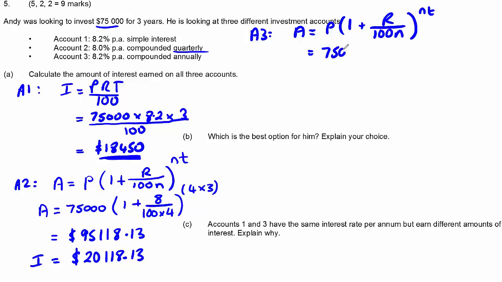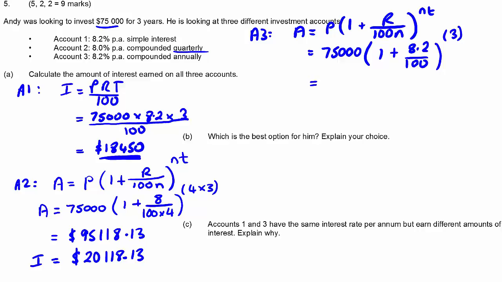So that's 75,000. Now the rate this time is 8.2 over 100. And that's what I'm saying, you don't need the 100. You could just convert this one here into a decimal. And that's just going to be 3, the power, because n is equal to 1.